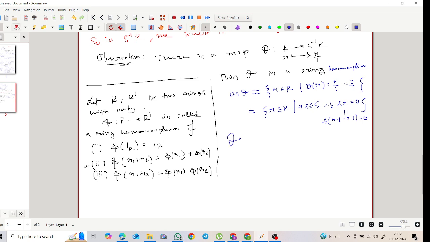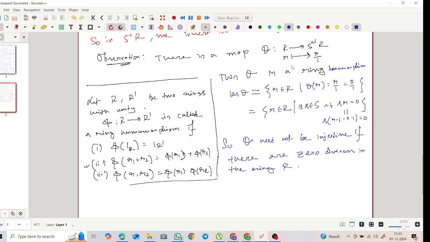But theta need not be injective if there are zero divisors in the ring R. So the first intuition I had was that this theta is injective, but that's not the case.